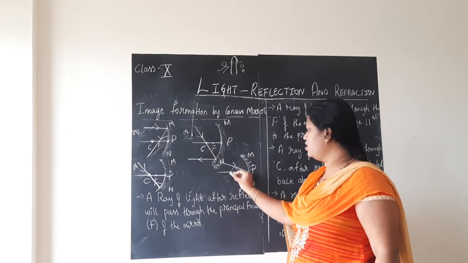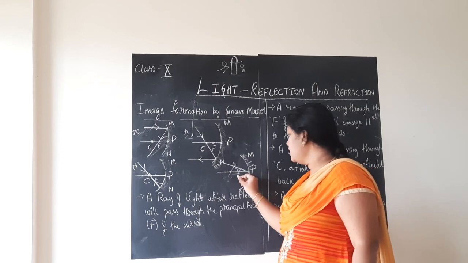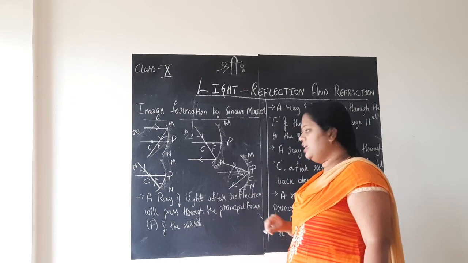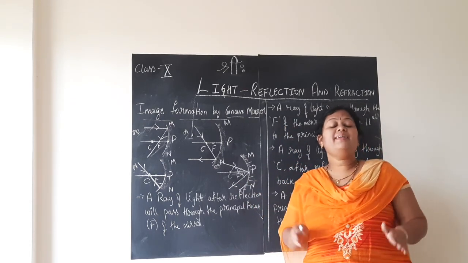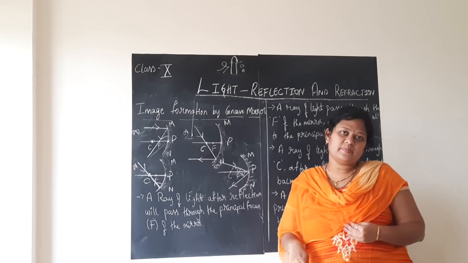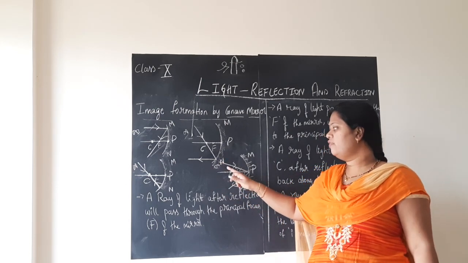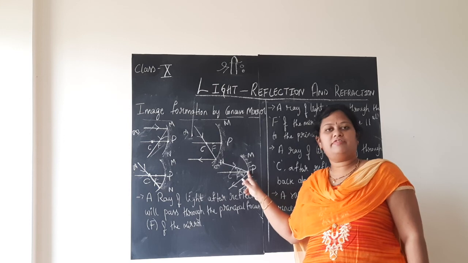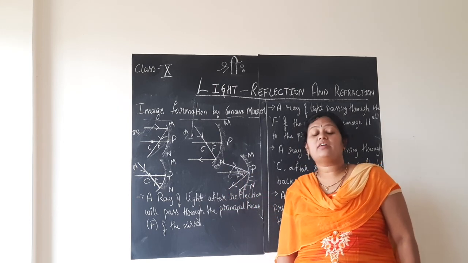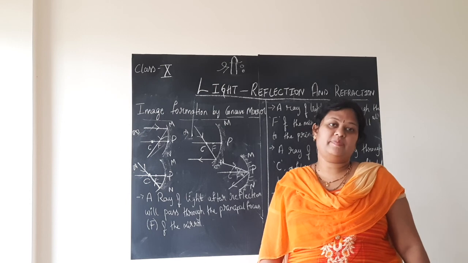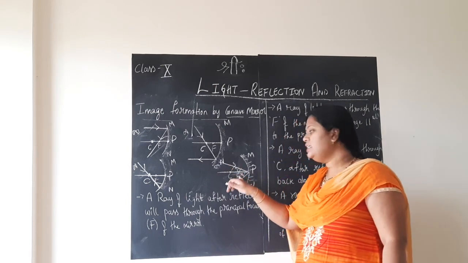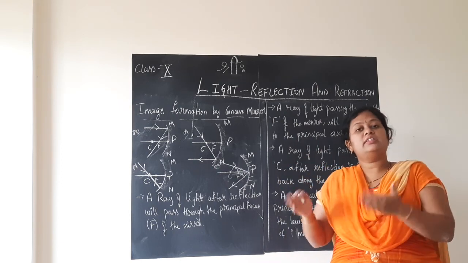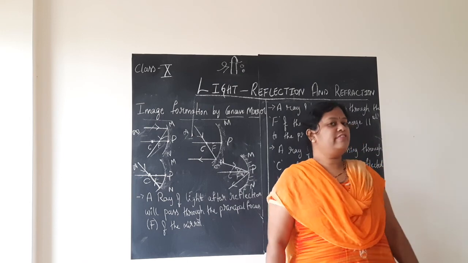I will erase the C and F for now, or I will write it short. After hitting the mirror, it will reflect back in such a way, making an angle of reflection r, obeying the laws of reflection. I will repeat, if one of the incident rays is hitting the pole of the mirror, after reflection it will reflect back obeying the laws of reflection. That is, i is equal to r, the first point under the laws of reflection. The angle of incidence is always equal to the angle of reflection.